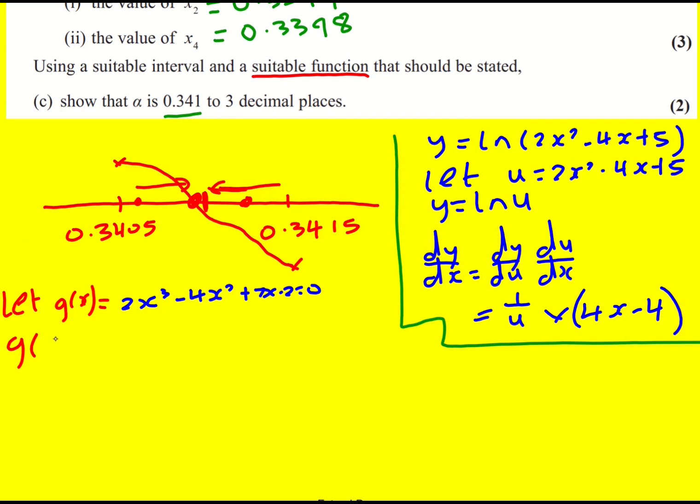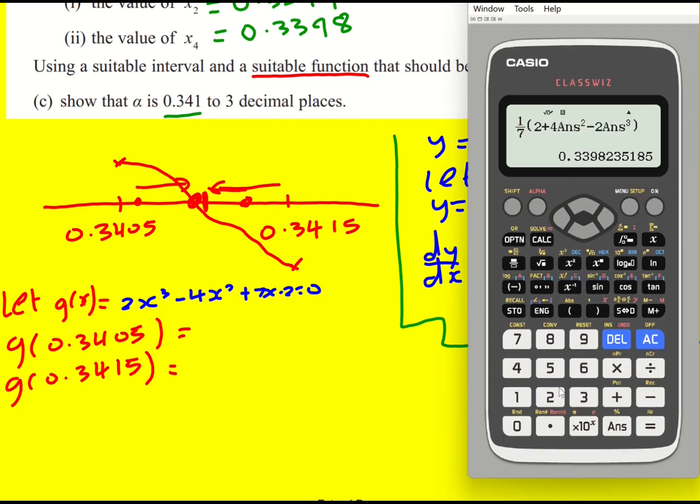And then I'm going to find g of 0.3405 and g of 0.3415. Okay, then just carefully type it in.